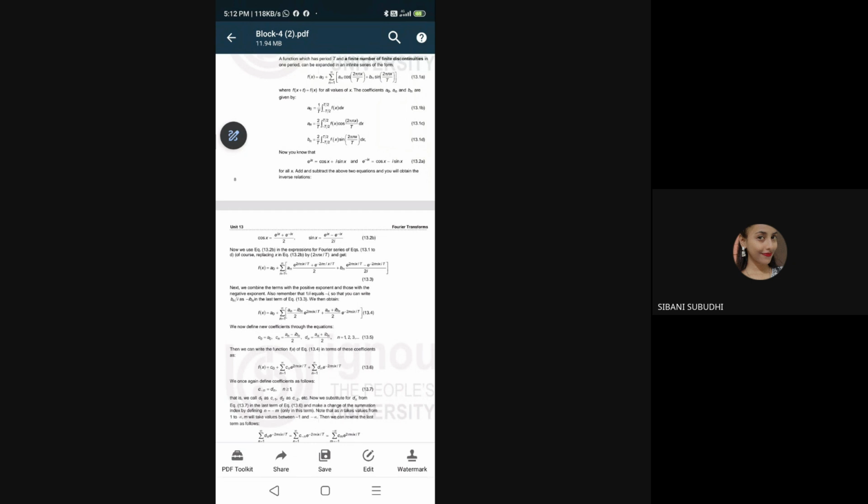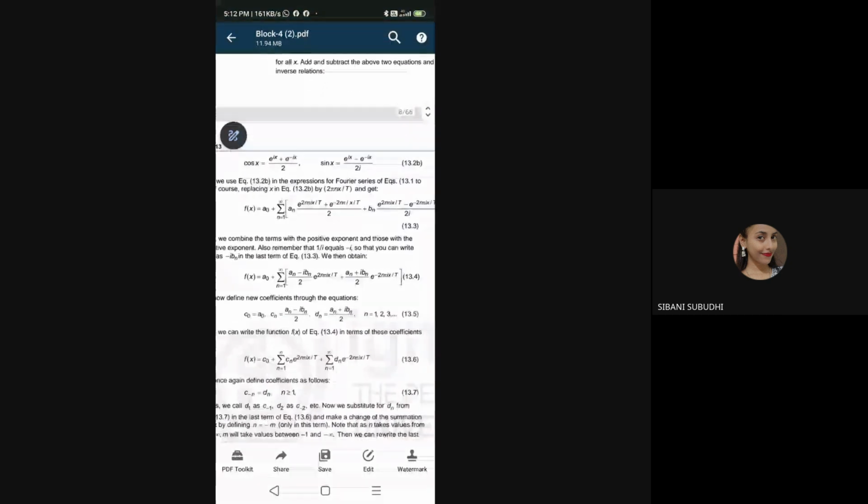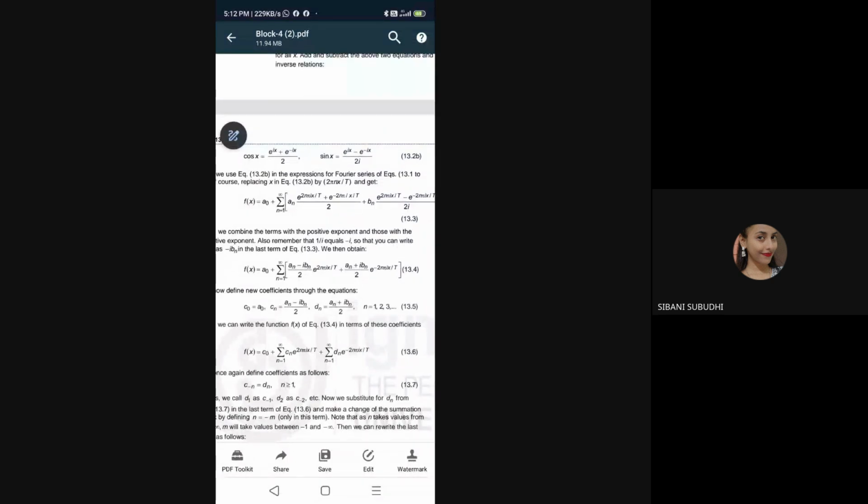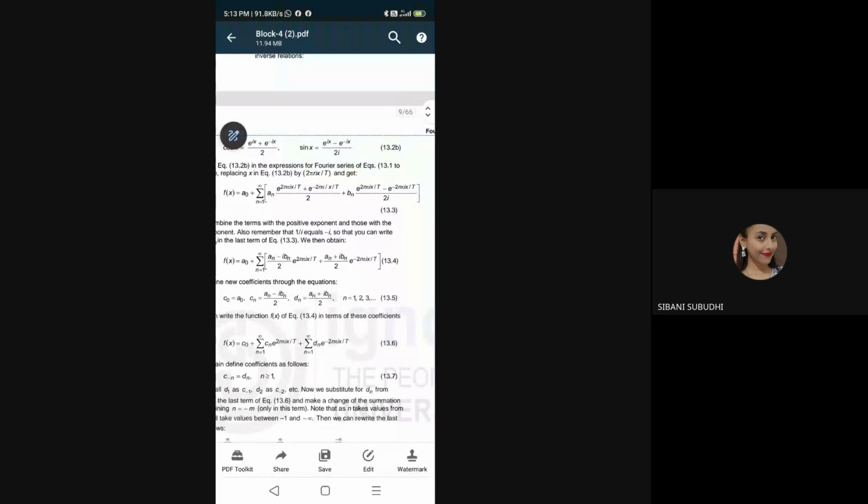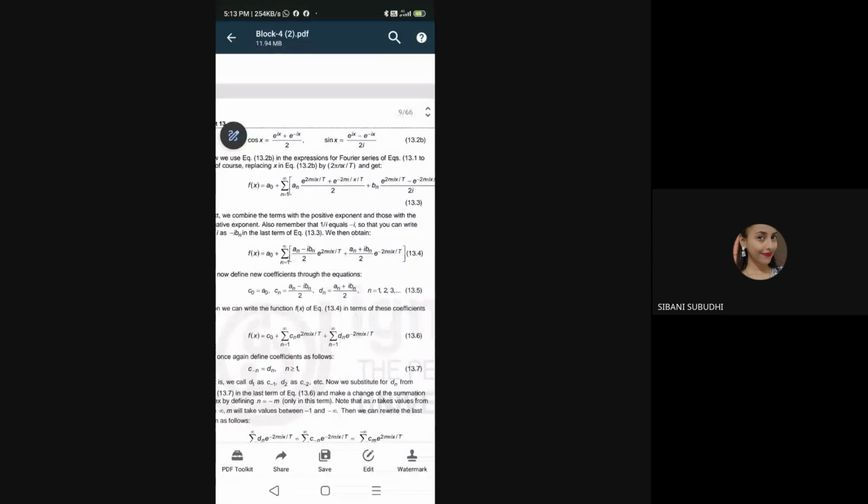So your original expression f(x) can be written as a0 plus summation n equals 1 to infinity of [an (e^(2nπix/T) + e^(-2nπix/T))/2 + bn (e^(2nπix/T) - e^(-2nπix/T))/2i].